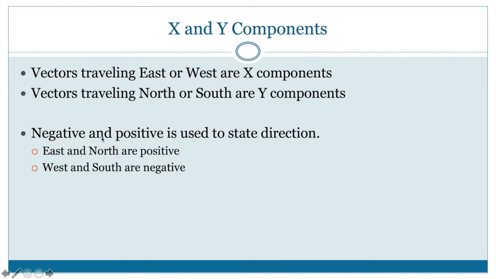Now we're going to establish which vectors we associate with positive and which with negative. When I say positive, it's used in the sense of direction: positive direction and negative direction. We are going to consider vectors traveling east and north the positive direction, and west and south the negative. These are arbitrary.